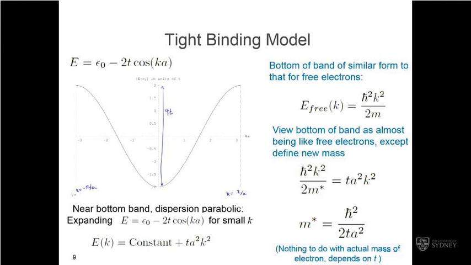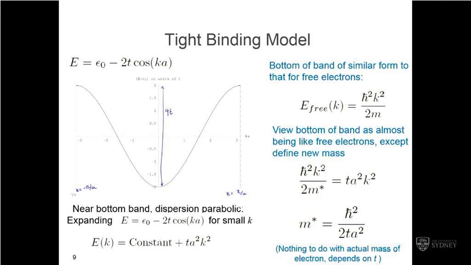So what's the point? The point, we are going to try and determine the effective mass for this particular tight binding model. So what one can recognize, if we go down to the bottom of the band, we can see that it's very similar to our nearly free electron kind of parabolic shape.